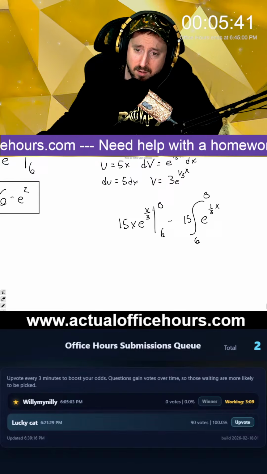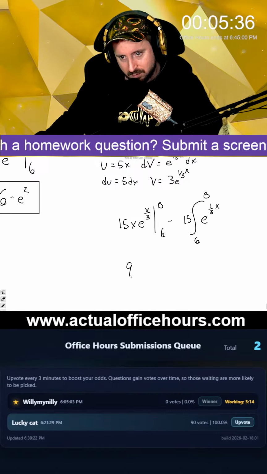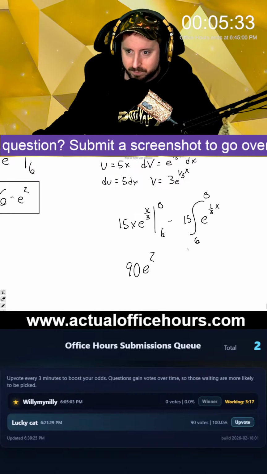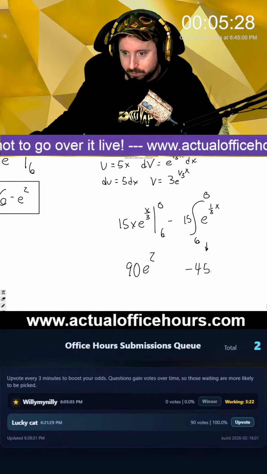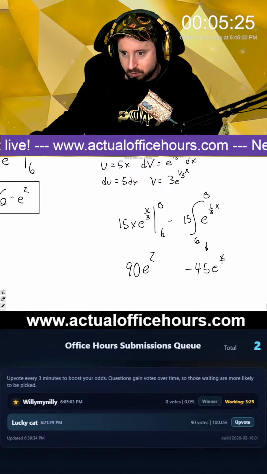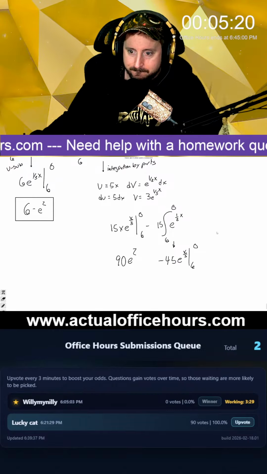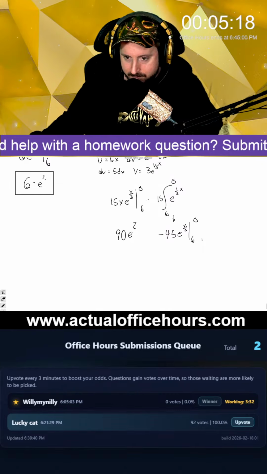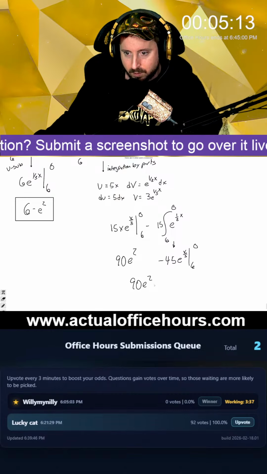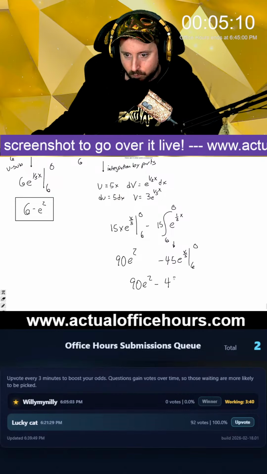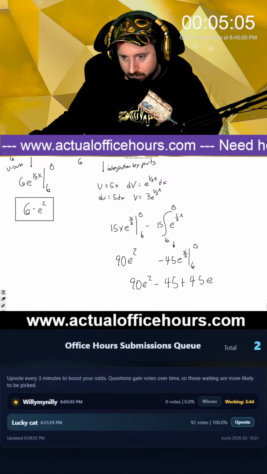This ends up being 90e squared from this one. And then this is just going to be minus 45e to the x over 3 from 6 to 0. Which is just 90e squared minus, plug in 0, you get minus 45, plus 45e squared.